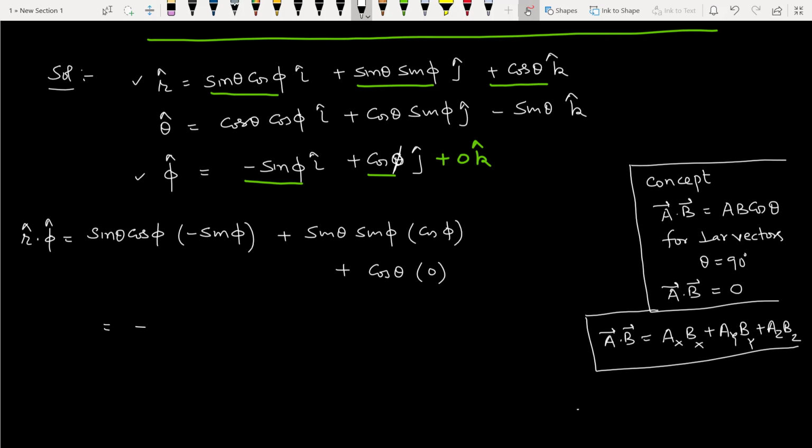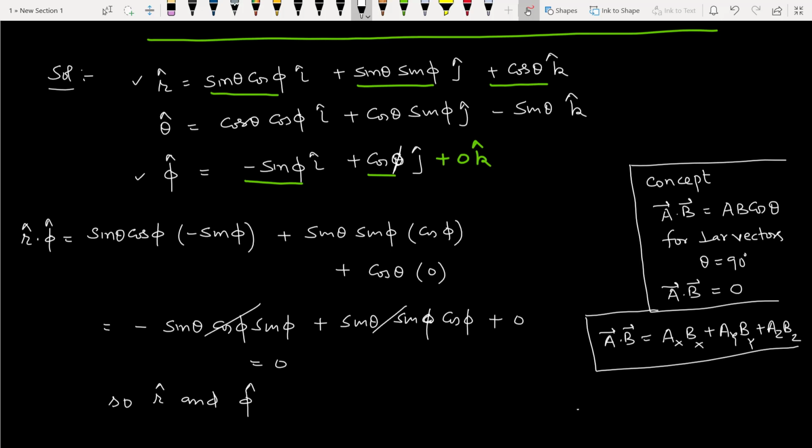So when we solve this, it is minus sin theta cos phi sin phi plus sin theta sin phi cos phi plus 0, so it is 0. So r cap and phi cap are perpendicular to each other.